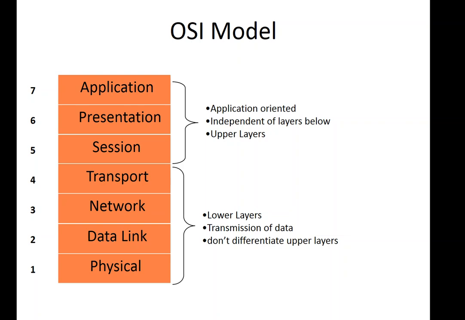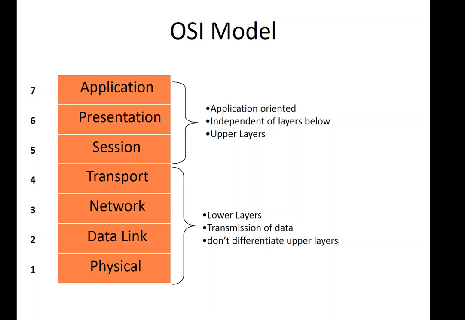It has 7 layers. The first one starts with the physical layer, as said in the prior slide. Layers 1 to 4 are considered lower level and physical in nature. The first is the physical layer, then data link layer, network layer, transport, session, presentation, and the seventh one is application.